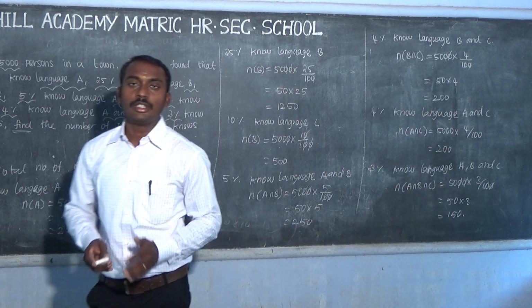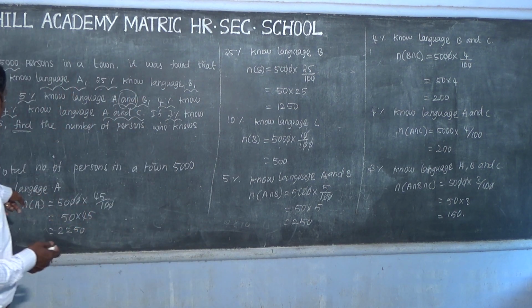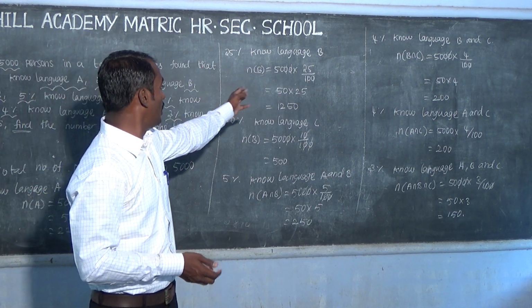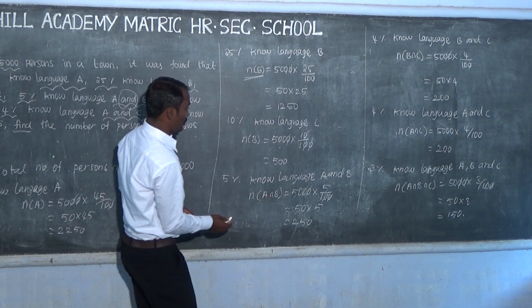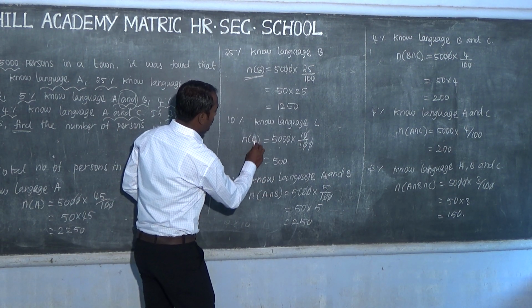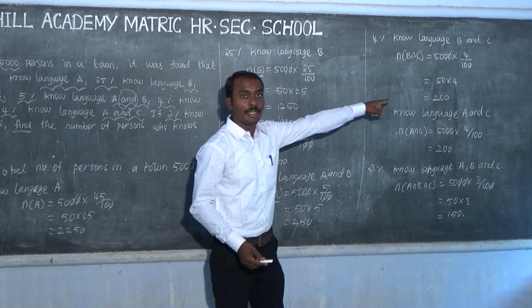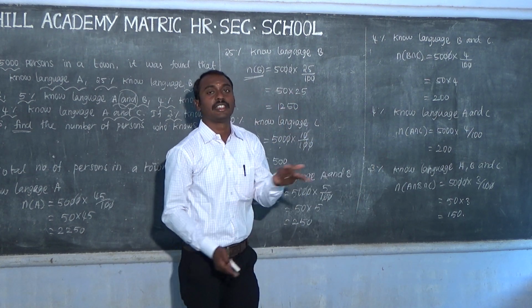We have found some values: n(A), n(B), n(C), n(A intersection B), n(B intersection C), n(A intersection C), and n(A intersection B intersection C).